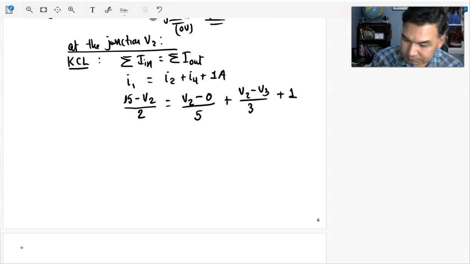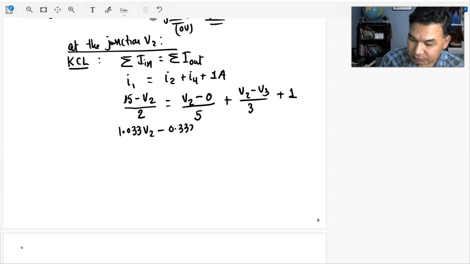So solving this, just make one equation, your first equation. After playing with this, I'm just gonna directly write down the first equation in terms of V2 and V3. So you will get 1.033 V2 minus 0.333 V3, and I just kept it in decimal places.